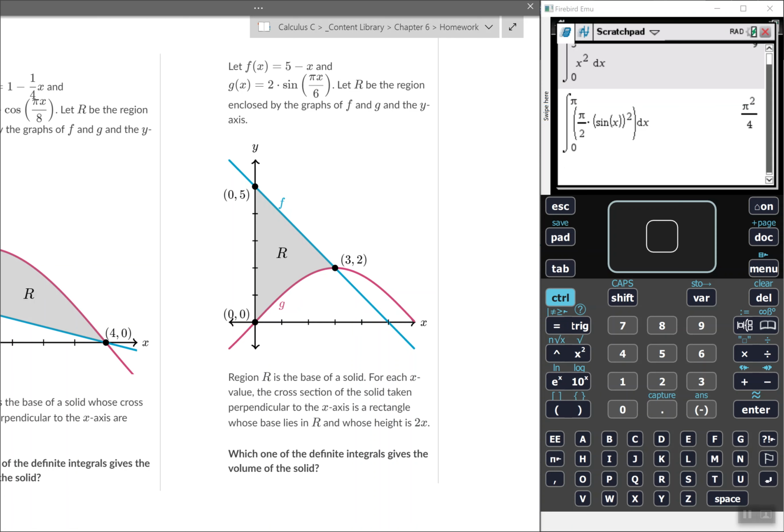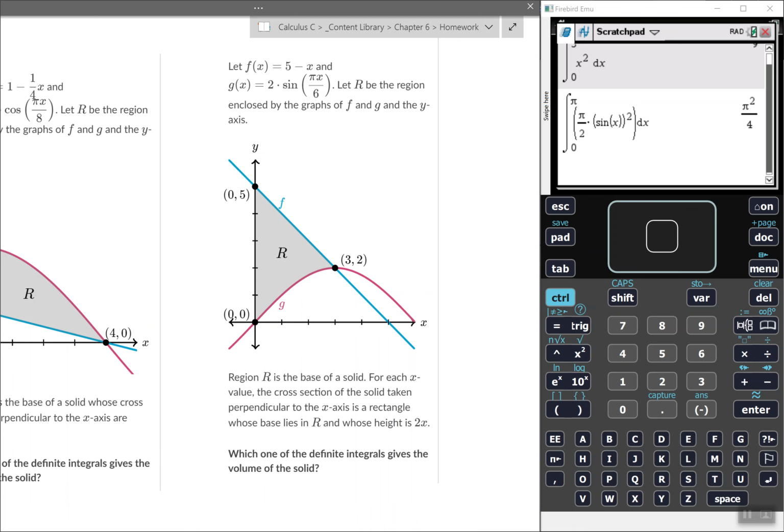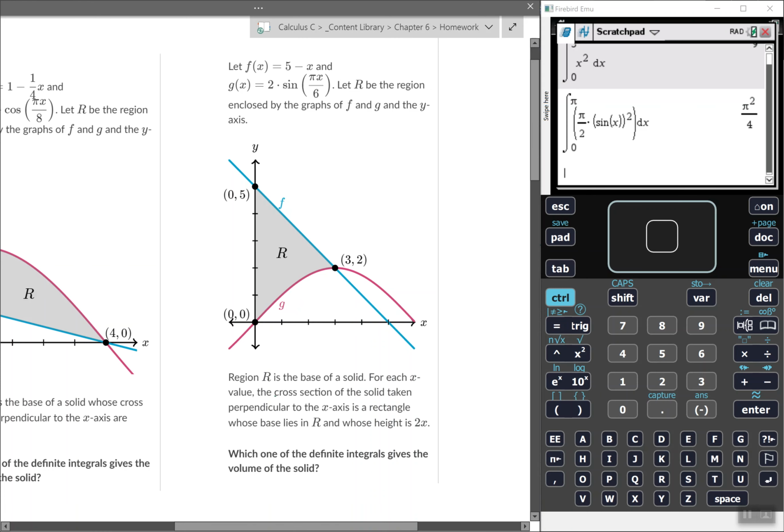So region R is the base of a solid. So that means our solid is going to be coming out of that region. It's kind of hard to draw 3D on a 2D screen, but hopefully you get the idea there. So for each x value, the cross-section of the solid taken perpendicular, so here's what we want. Cross-section, perpendicular, they tell us the axis, and then it's a rectangle.